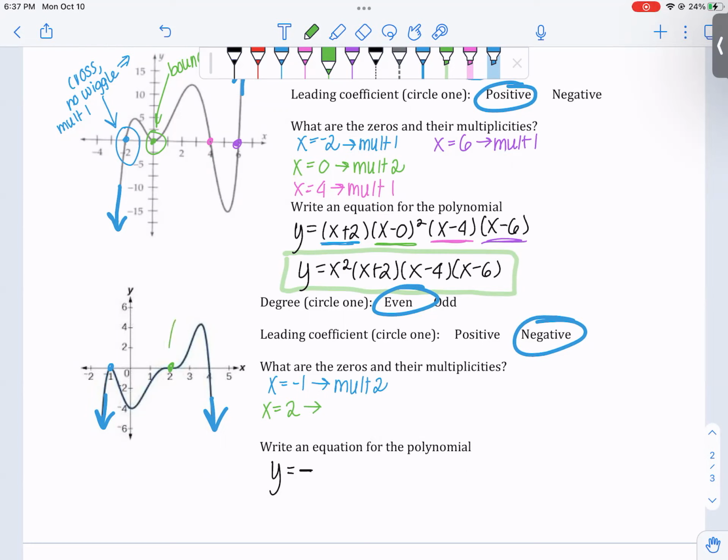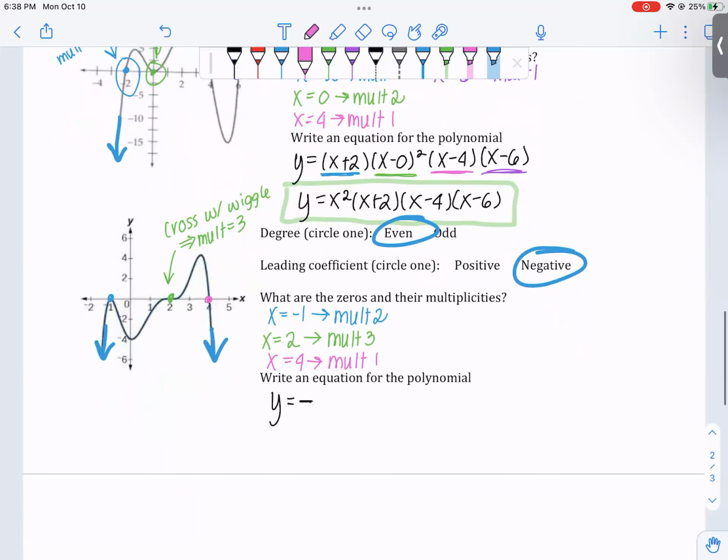Cross with a wiggle, which means that the multiplicity is 3 or 5 or any odd multiplicity 3 or greater. And then we cross again here at 4. There's no wiggle, so this is x equals 4. Because there's no wiggle and we cross, it's multiplicity of 1.